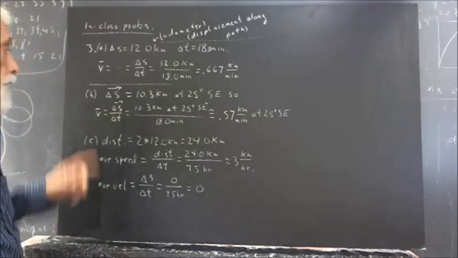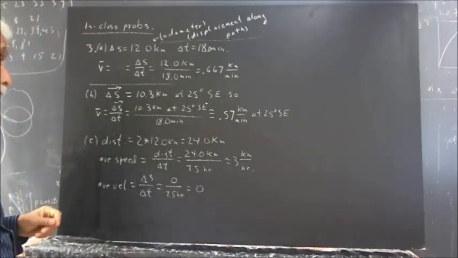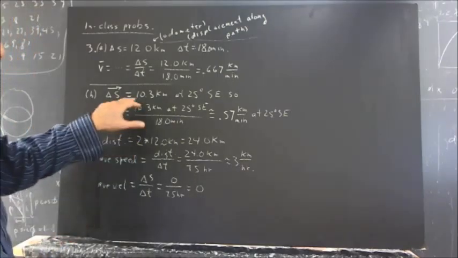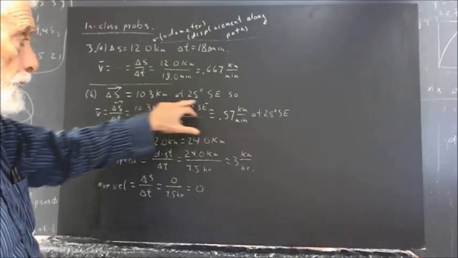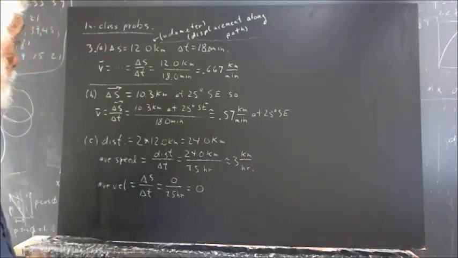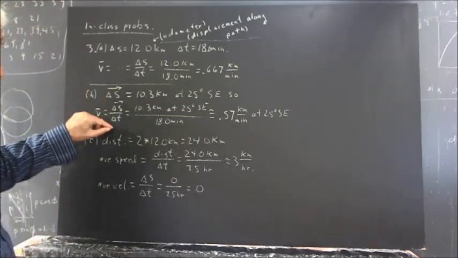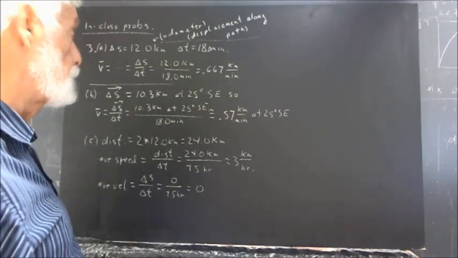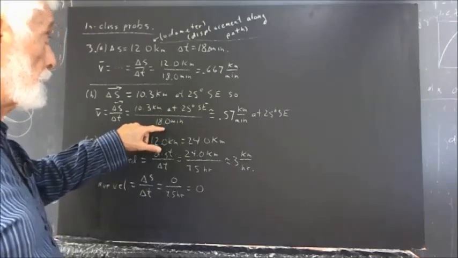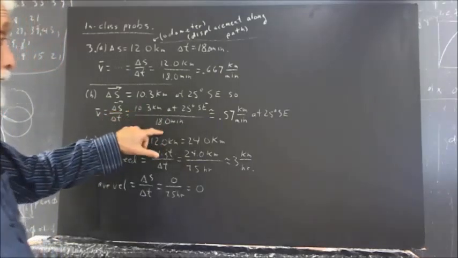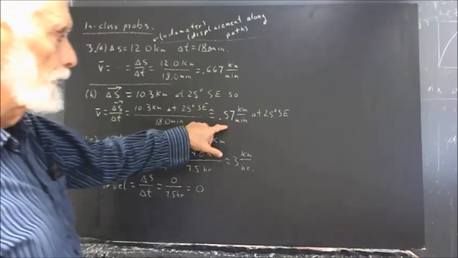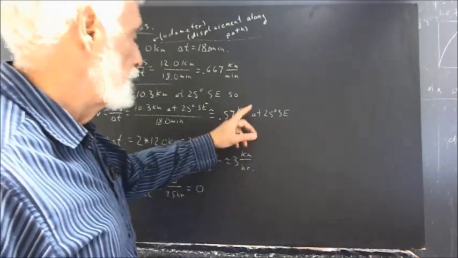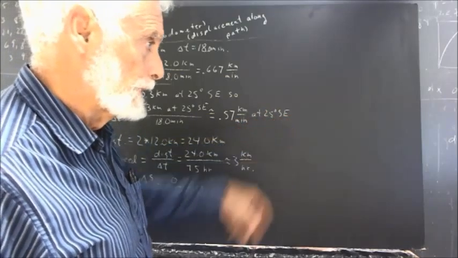So our average velocity in this case is again the rate of change in position with respect to clock time. In this case, the change in position is specified by a magnitude and a direction. We get our delta S over delta T, where delta S is 10.3 kilometers at 25 degrees southeast, divided by our 18 minutes. 10.3 kilometers divided by 18 minutes comes out around 0.57 kilometers per minute, and it's in the direction 25 degrees to the southeast.